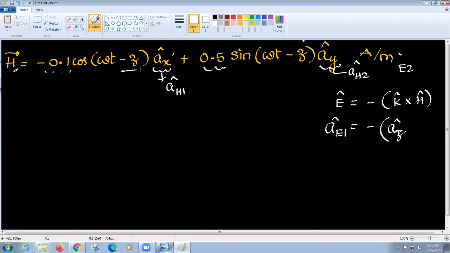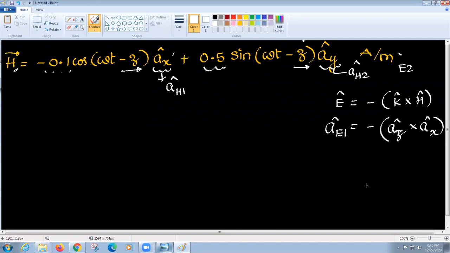Because the wave is propagating along the positive Z axis, I can take K as AZ, because propagation is always perpendicular to the transverse plane containing the transverse components E and H. So AZ cross, now what is my first component of H? The polarization, I have AX.